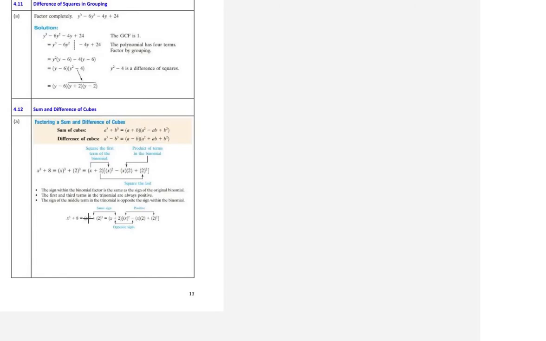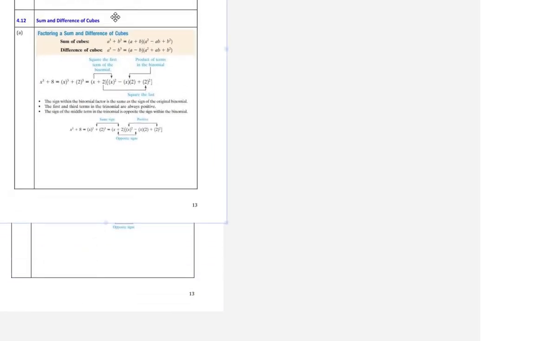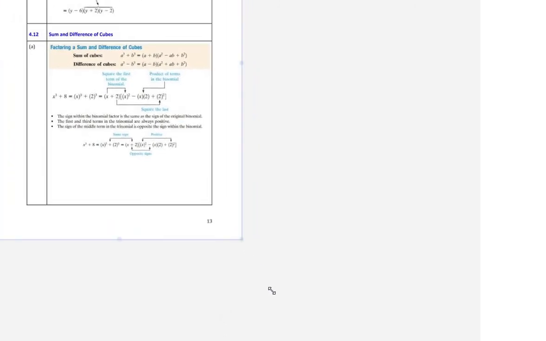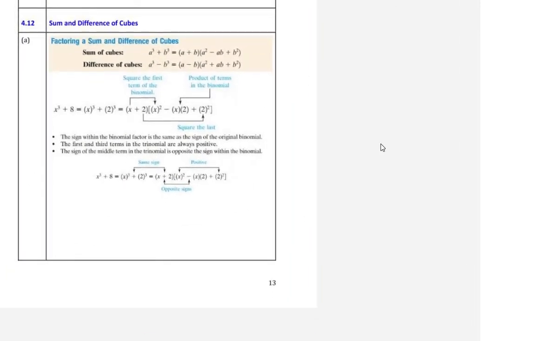Okay, now the last thing that I want to look at tonight is the sum and the difference of cubes. And this, I think, is one of the factors that students answer the worst.